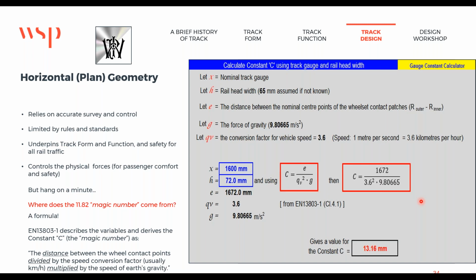Your conversion factor is still 3.6 and gravity is still the same, and the equation is then 1672 divided by 3.6 squared, multiplied by 9.80665. And that, if you're in 1600 gauge, gives you your constant value of 13.16 instead of 11.82. With me so far? I'm glad.